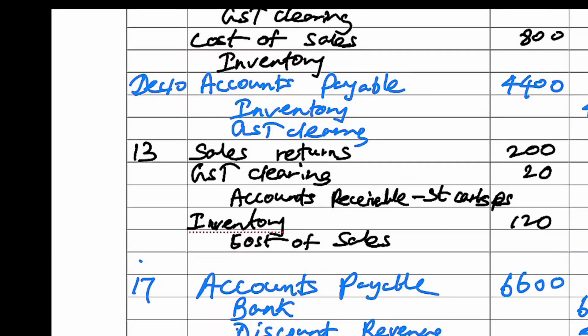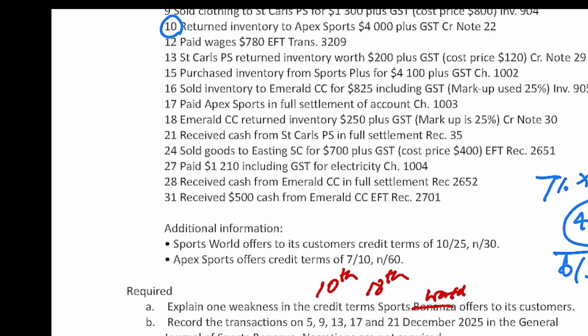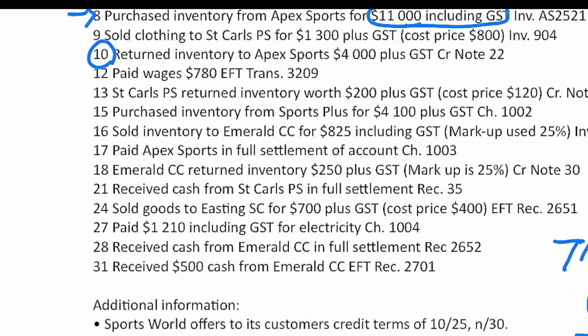Right. Now shall we write it? Now what is the double entry for the 18th? Can anybody tell me? Tanush, can you tell me the double entry for the 18th? Debit inventory.